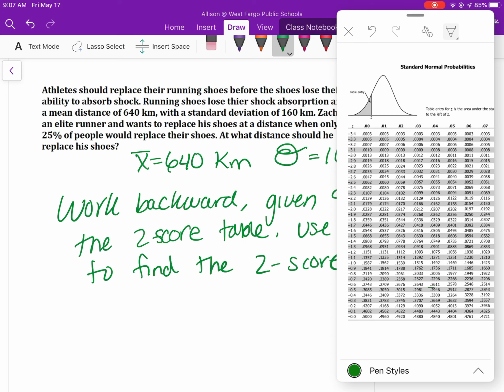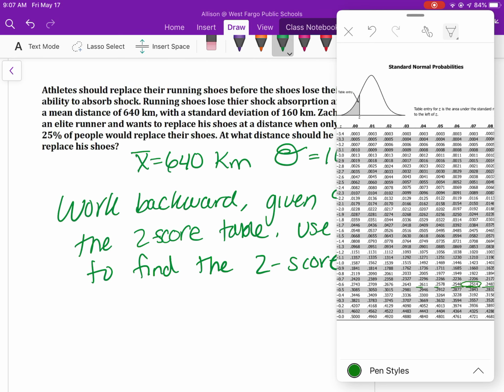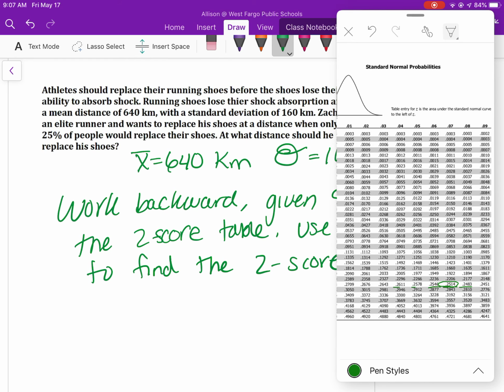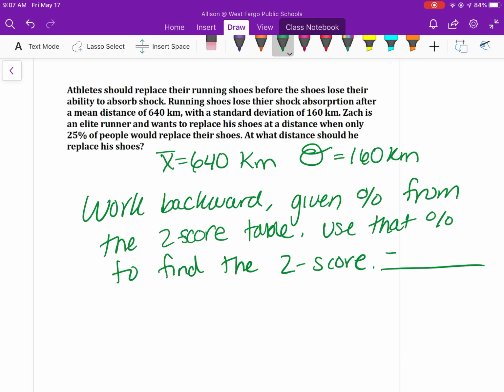Here's 25.78%, 25.46%, 25.14%, 24.83%. So the closest I can get to 25% is 25.14%. And that was negative 0.6 and 7. So my z-score for 25% was negative 0.67.